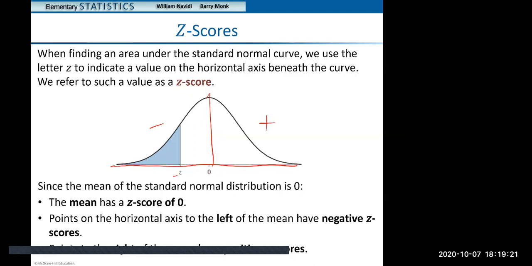Like this is -1, -2, -3, the z-scores, this +1, +2, and +3. So if you remember, the z-score formula is x minus the mean over standard deviation. We're going to use that again, especially for the next section. Any questions so far?